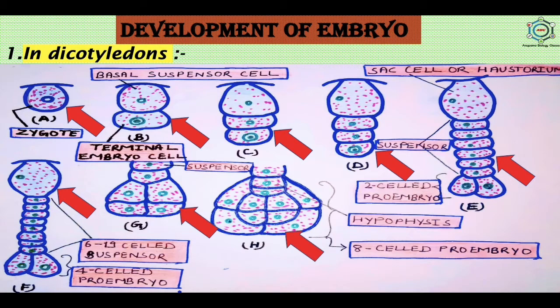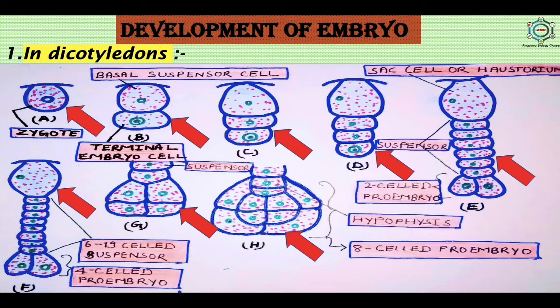So, in this picture you can see, each of the 8 cells of the octant stage then divides by periclinal division to form an outer protodermal cell and an inner cell. Consequently, the 8-cell octant now becomes 16-celled, with 8 external protodermal cells and 8 internal cells.